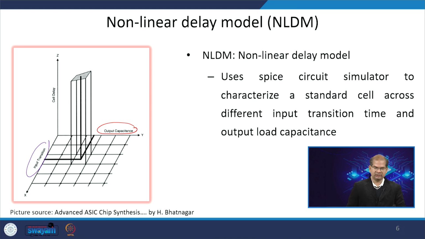If a point is not available in the table when the timing analysis tool needs it, the tool will interpolate using a linear or nonlinear interpolation technique to find its value.